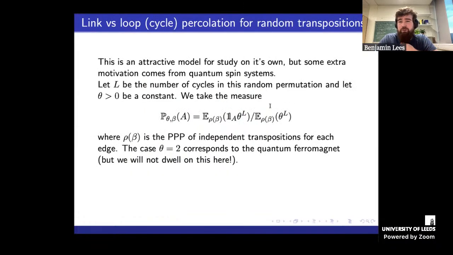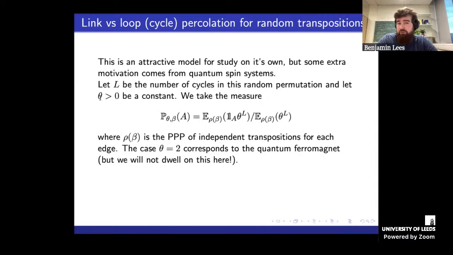Okay, and well, some original motivation from this model comes from quantum systems, which I'm not going to introduce or dwell on too much, but just to say that we can get interesting connections to quantum systems if we let L be the number of cycles in this random permutation, L for loops. As I said, I'll refer to cycles and loops basically interchangeably.